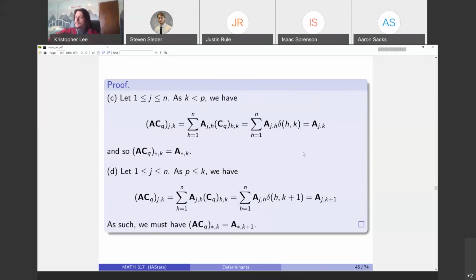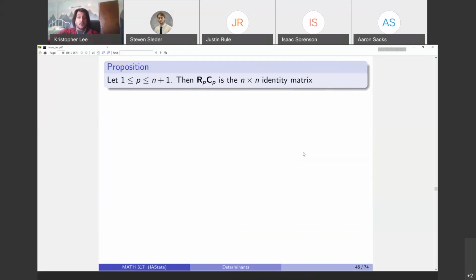All right, so let's keep moving. Something that we're going to use, which is pretty easy to verify, and this proof will give us a real flavor for what it's like to actually work with these matrices. So we verified that multiplying by RP or CP will delete a row or delete a column.